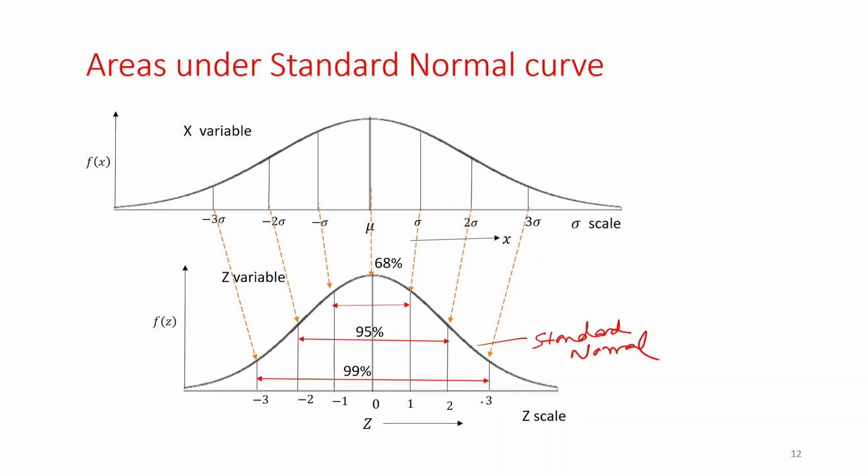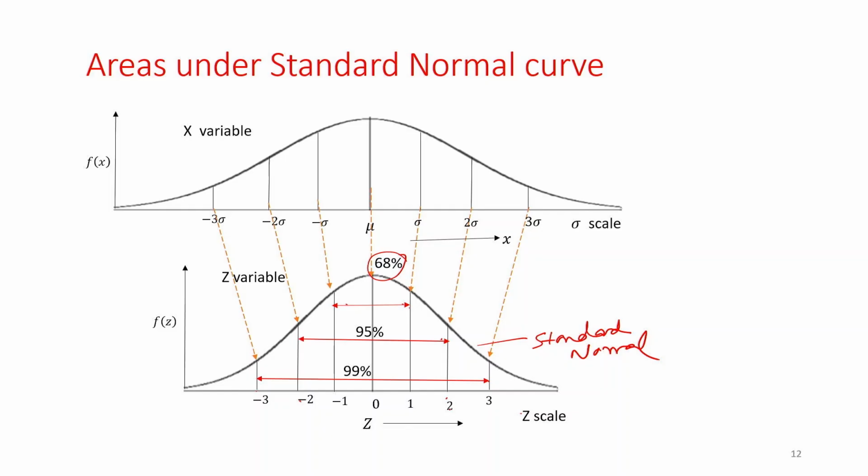And in the Z scale, the area between minus 3z to plus 3z is 99%, this whole area. Between minus 2z to plus 2z, it is 95%, this area. And between minus 1 to plus 1z, the area is 68%.